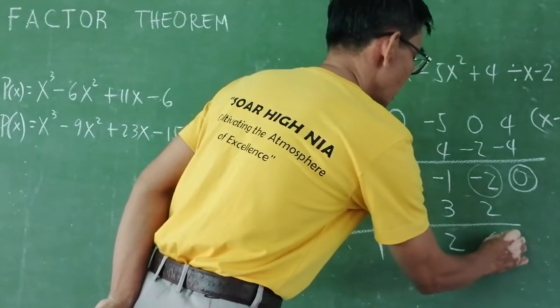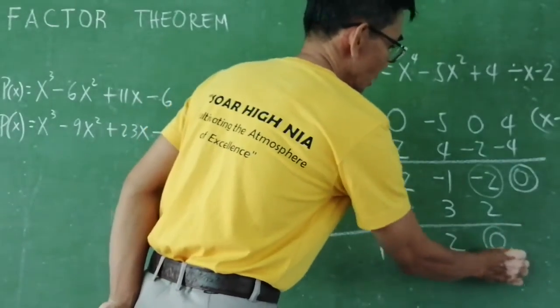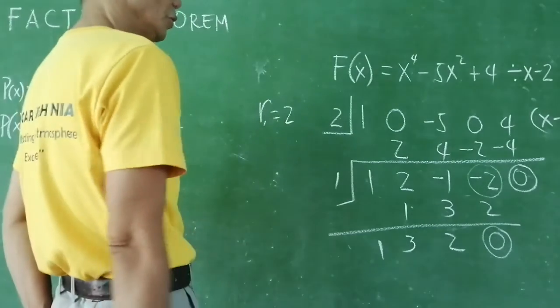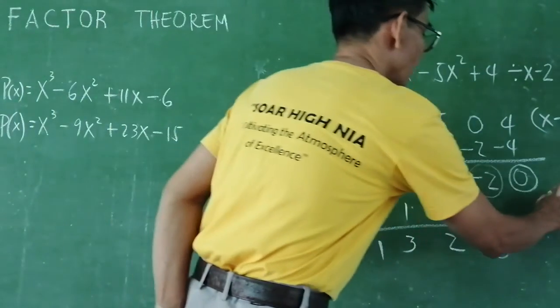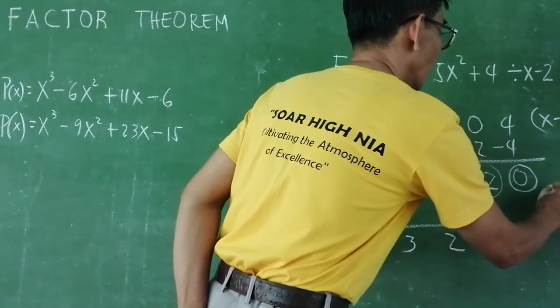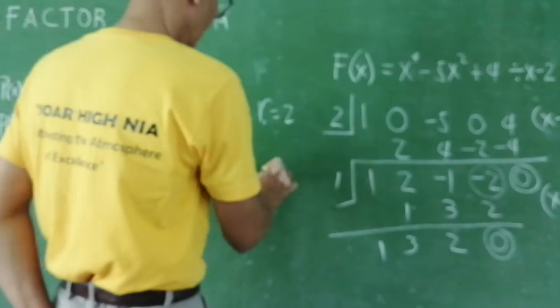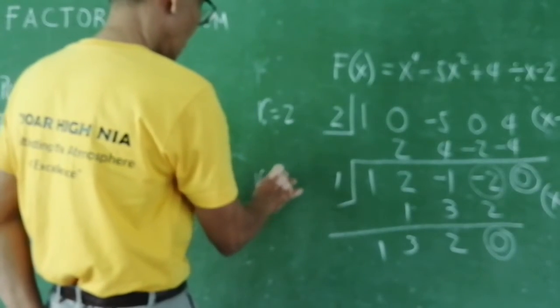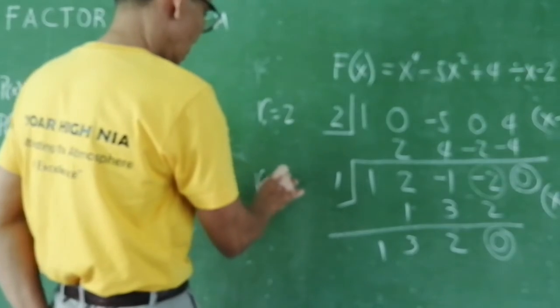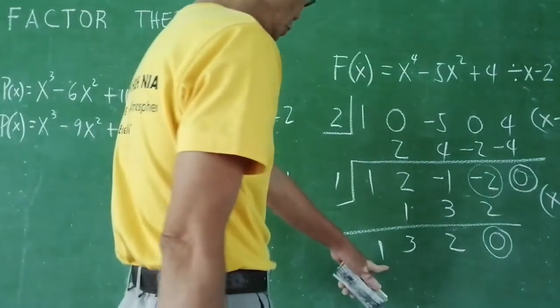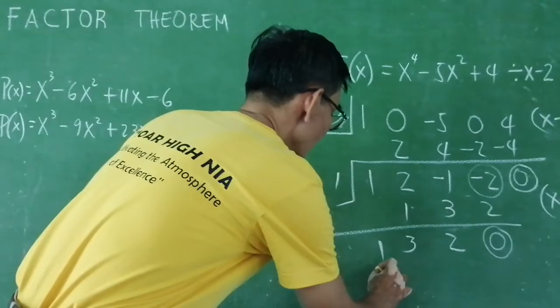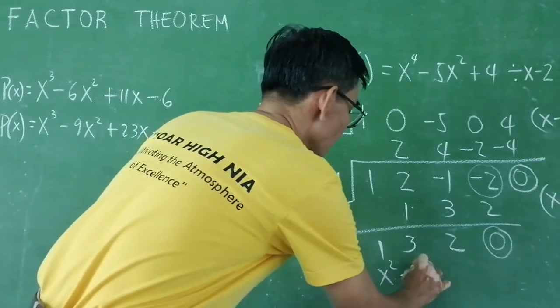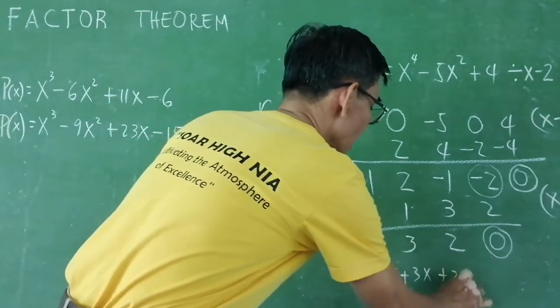So this is 0. Again, the last number there is 0. So you can take x minus 1 as another factor, and you can take 1 as another root. So this is already depressed again as x squared plus 3x plus 2.